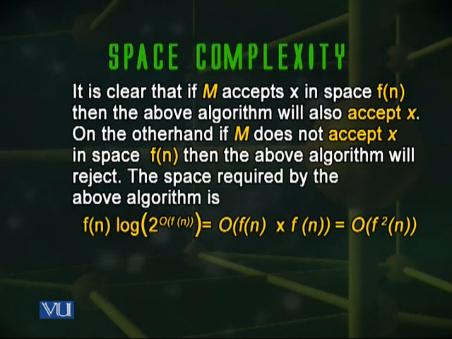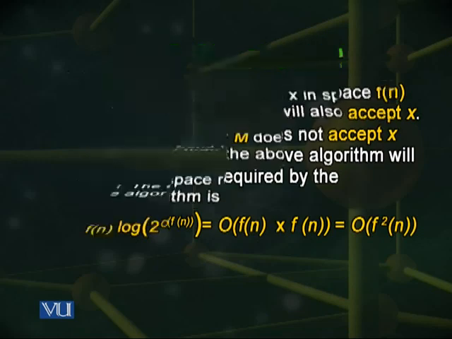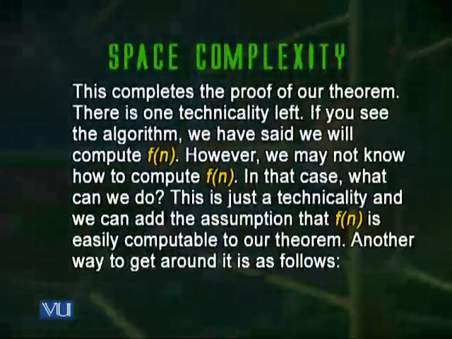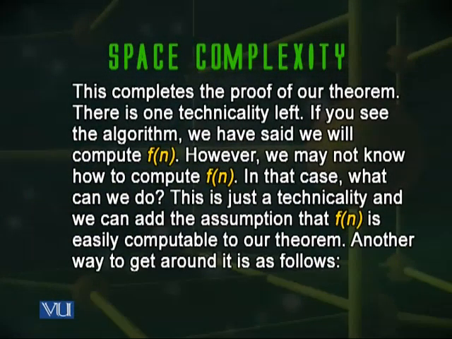So we have come up with a deterministic Turing machine that simulates this non-deterministic Turing machine and requires space f squared of n. This completes the proof of our theorem, and this also completes the proof of Savitch's theorem, which says that PSPACE equals NPSPACE, or another way to remember this theorem is that one can get rid of non-determinism at the cost of quadratic blow-up in space.